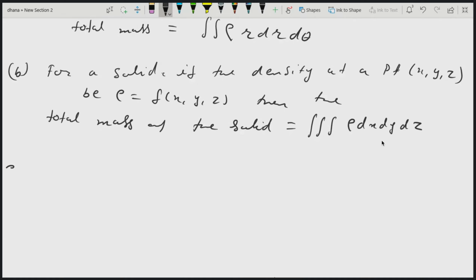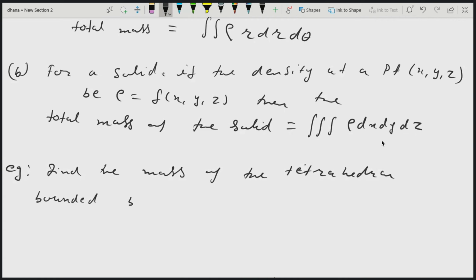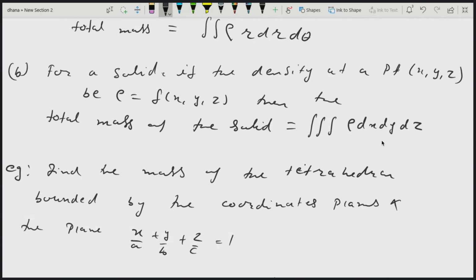Suppose, for example, you find the mass of the tetrahedron bounded by the coordinate planes and the plane x by a plus y by b plus z by c is equal to 1, with variable density.